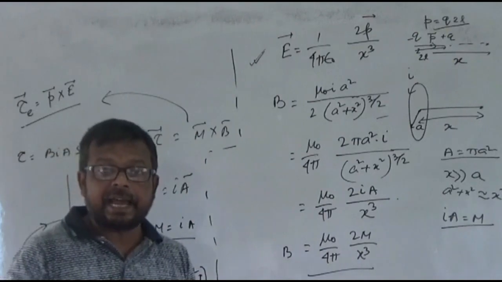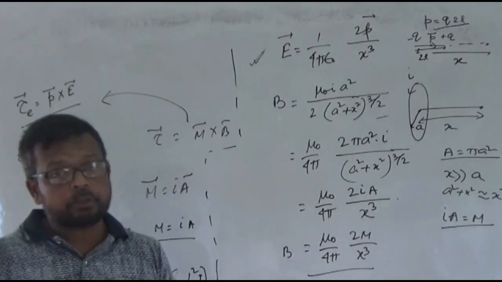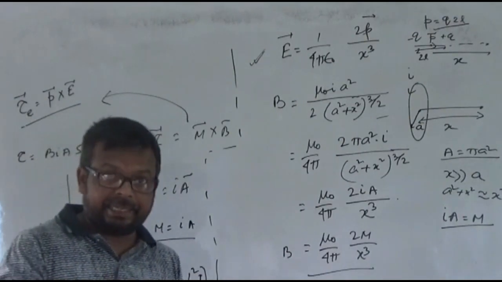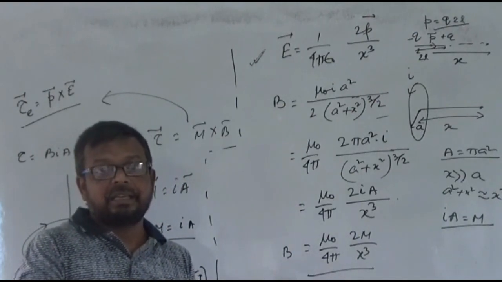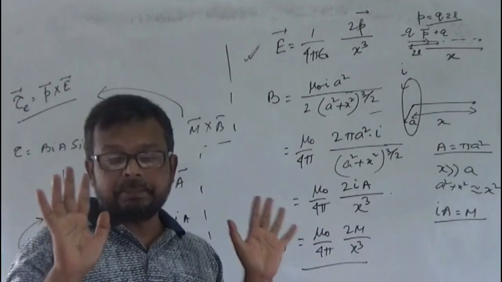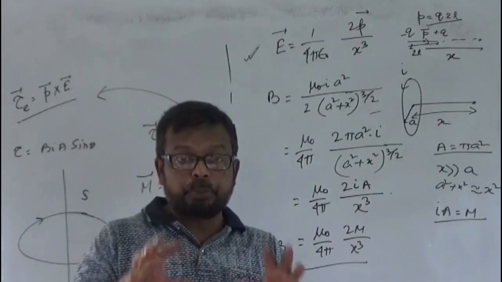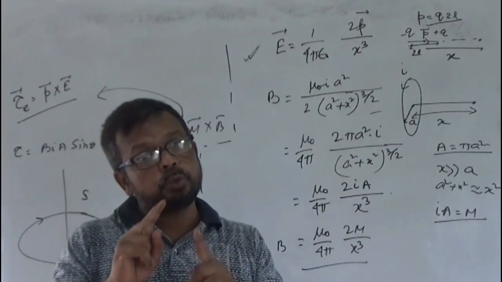So we can say that a current carrying loop can be compared with a magnetic dipole, or you can say a current carrying loop is a magnetic dipole. That means that is a magnet. A current carrying loop is a magnet, and that current carrying loop has two poles.